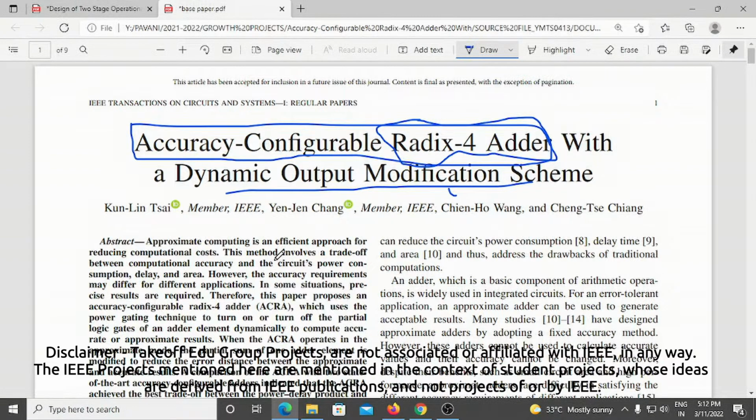For those applications, complete accuracy is not necessary. By achieving complete accuracy, we are consuming more energy. So to reduce that, here we are designing an accuracy configurable Radix-4 adder with a dynamic output modification scheme.